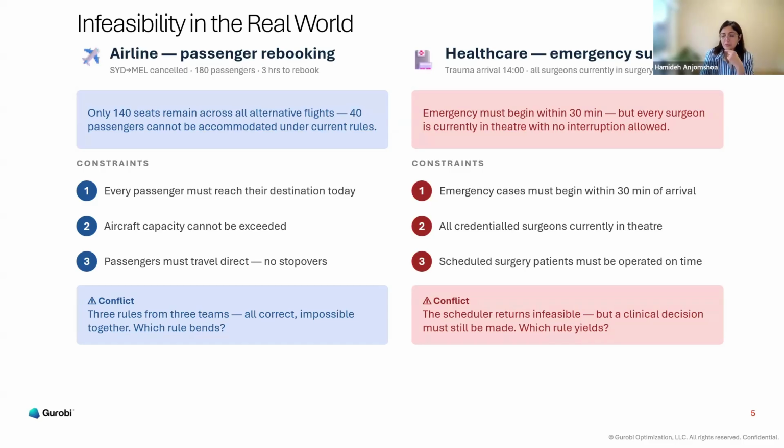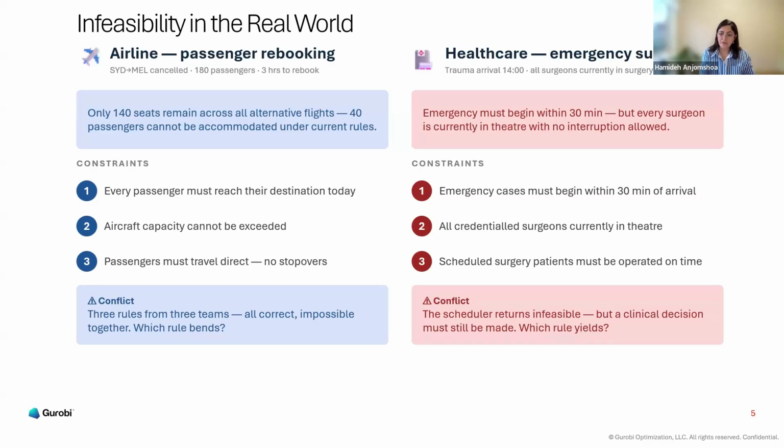With IIS, which I'm introducing soon, it can go through all of the rules and constraints that we have in the hospital and come up with these three things. It says these three, at least, are not working together. We cannot have the emergency case treated in half an hour. For this scenario, I don't mean all emergencies should be treated in half an hour, but some of them do. And all of the surgeons are in the theater at the moment.